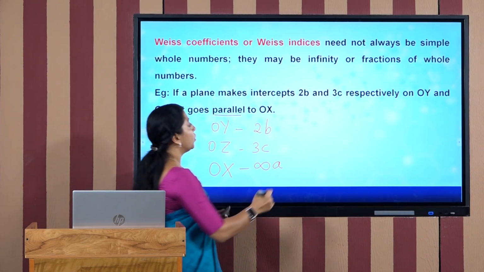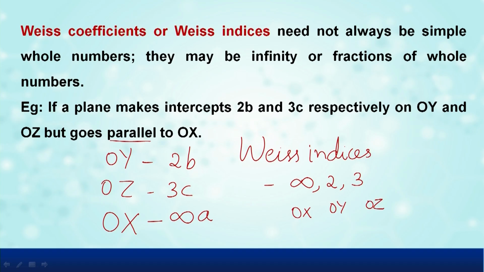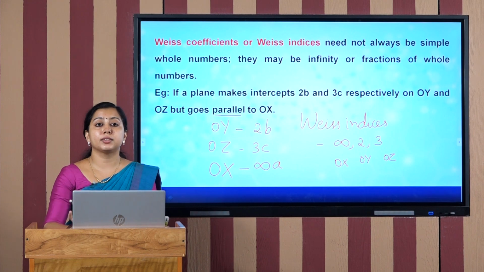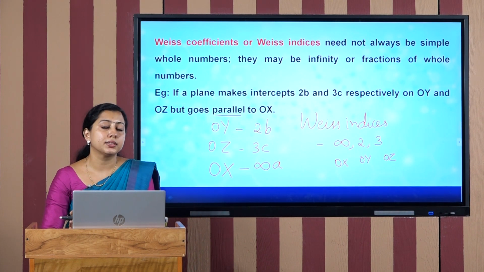So, what will be the Weiss indices or Weiss coefficients? The Weiss indices are given as infinity, 2, 3, corresponding to OX, OY and OZ. So, the Weiss coefficients or Weiss indices need not always be whole numbers.